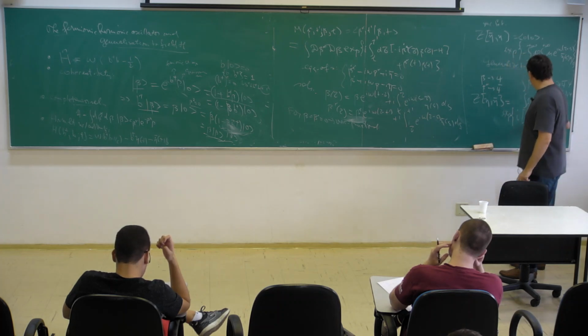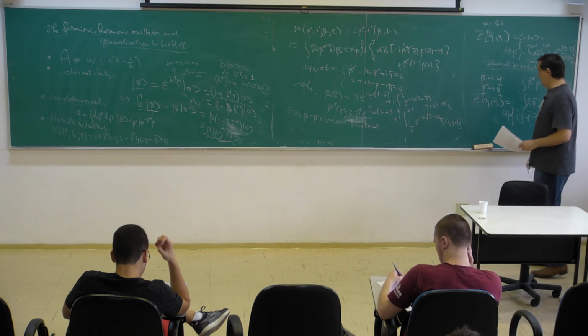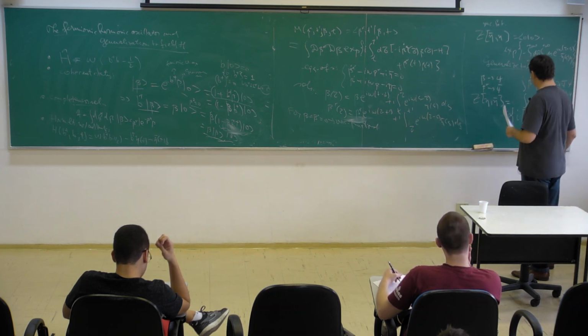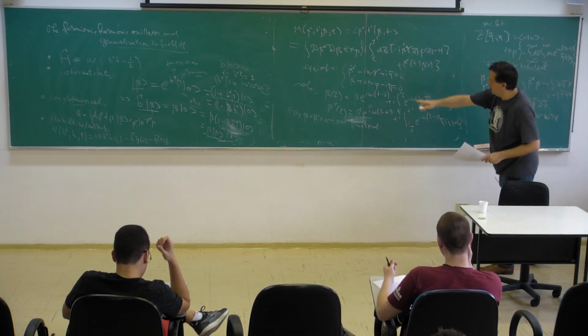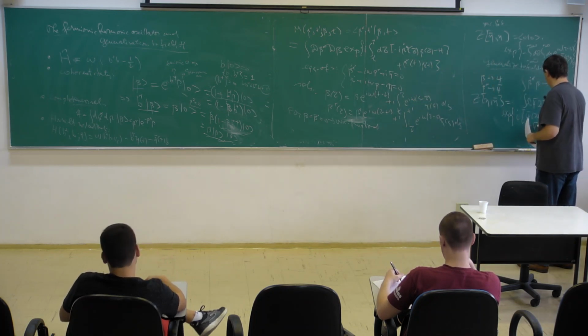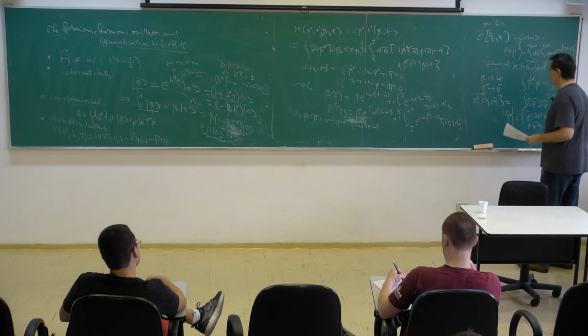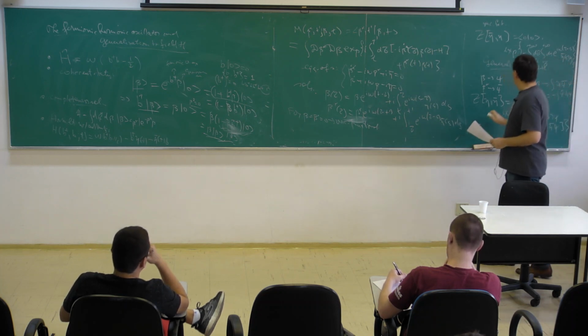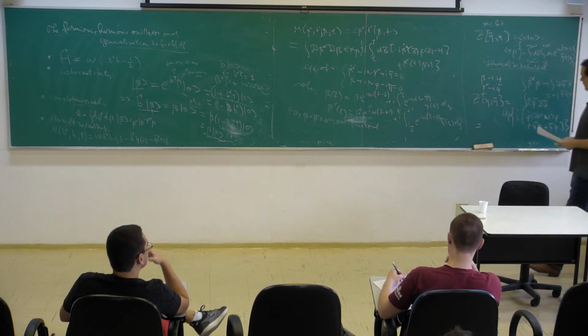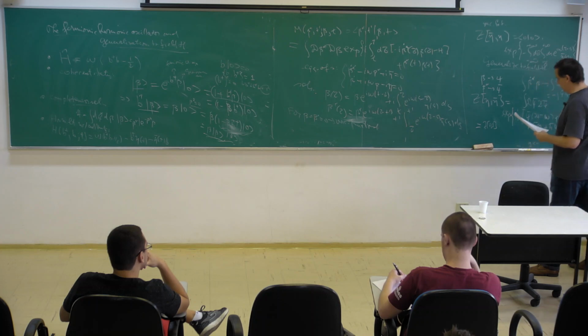So we have minus omega psi bar psi, and then the source terms, plus psi bar eta plus eta bar psi. Okay? And then the result of the integration is again a normalization factor that I can call Z of 0, 0.